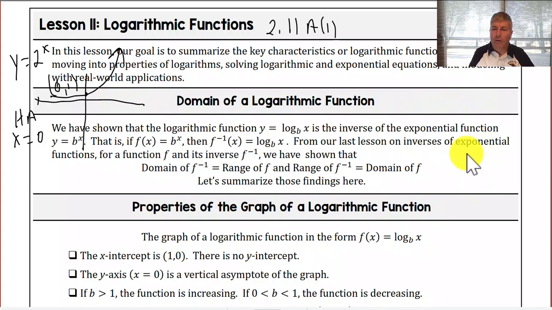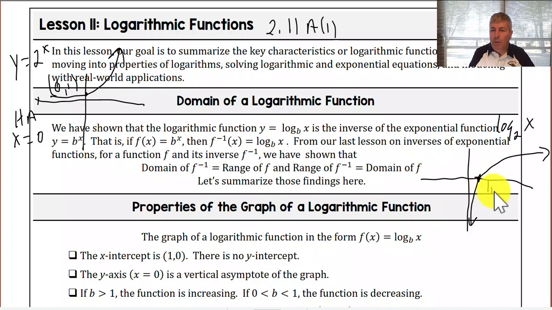Well, a logarithmic function, if it's the inverse, then that information flips. 0, 1 goes through 1, 0. And a logarithmic function looks something like that. So this might be log base 2 of x.